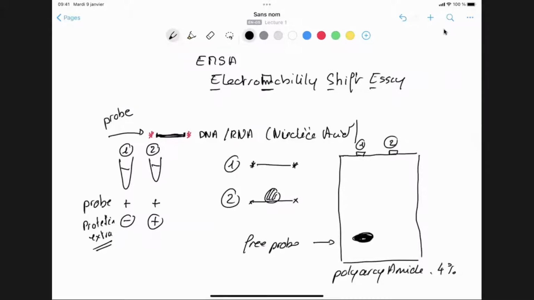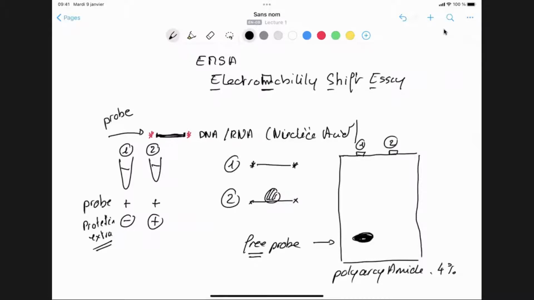We say free probe because it's completely naked, there is no protein on top of that, and this lane of the electrophoresis is just to show you the distance of migration of the bit of nucleic acid.